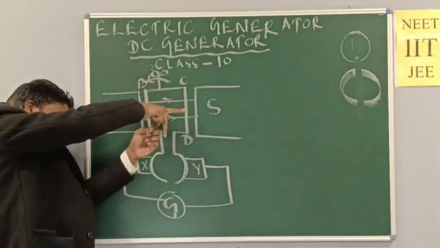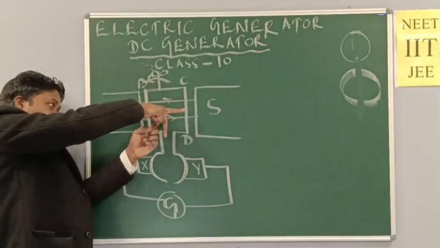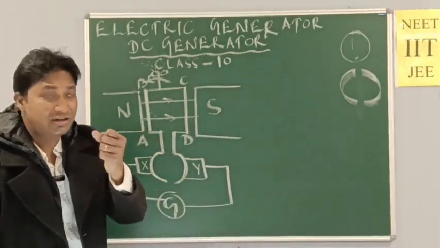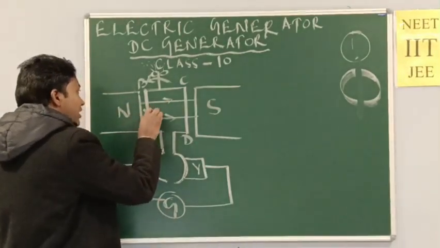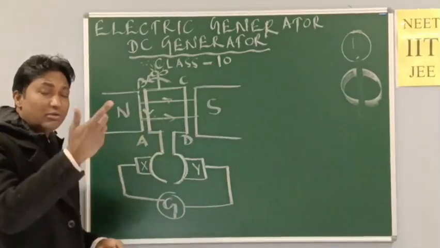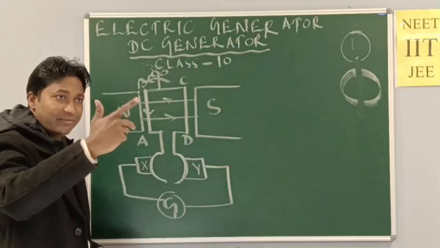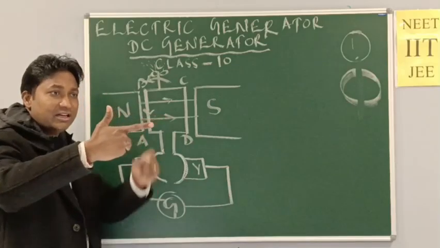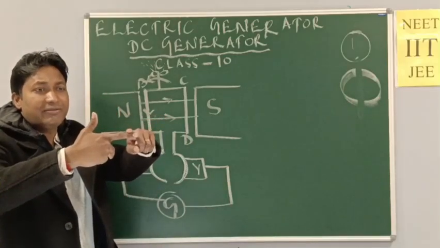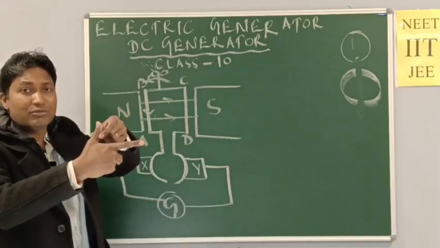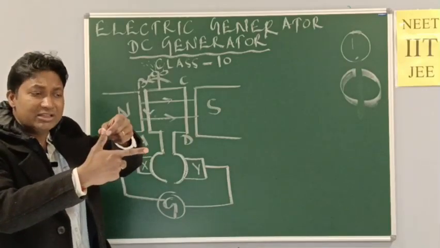See here, the central finger points downward. So the direction of the induced current is downward. Why downward? Because we apply Fleming's right hand rule: forefinger is the direction of the magnetic field, and thumb means the motion of the conductor, the motion of the coil, the motion of the armature.